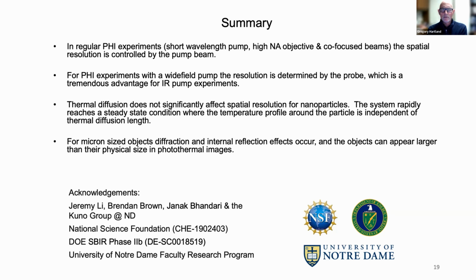Yeah, so I have two comments. I don't think I have an answer. The first one, maybe the most direct one, is that Stefan Link and David Masiello have done more of these simulations that you're talking about, because they have a paper out on how the photothermal signal depends on the size of particles. It seems to me that in their theory, maybe I'm mistaken, it's a while since I read the paper, they consider only steady state.